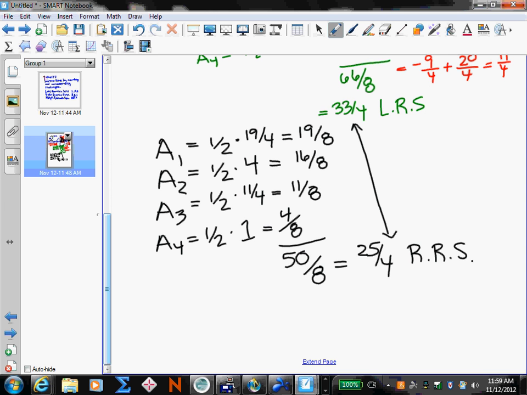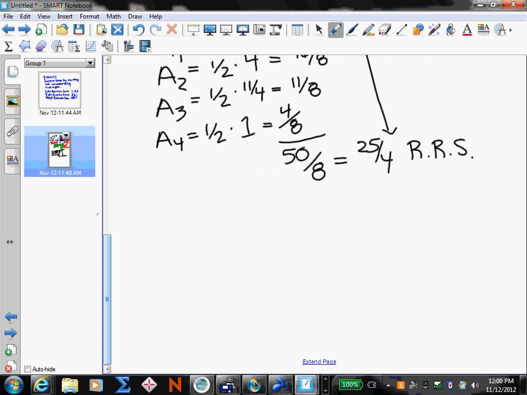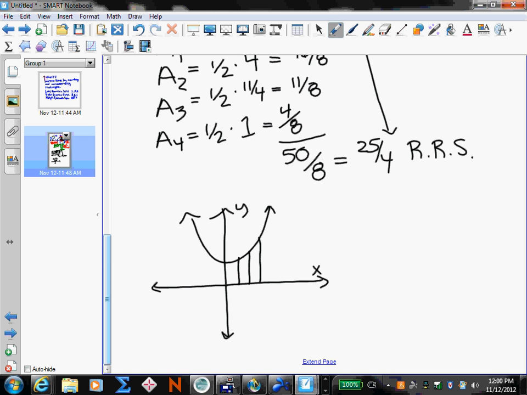Obviously, it is lower. That is because of the curve I am looking at. It will not always work that way. If I am looking at a function that is concave up, and I look at my rectangles, the right Riemann sum would be larger because it would be hanging on the outside, where the left Riemann sum would be underneath.